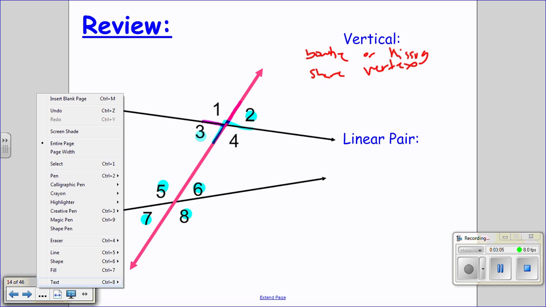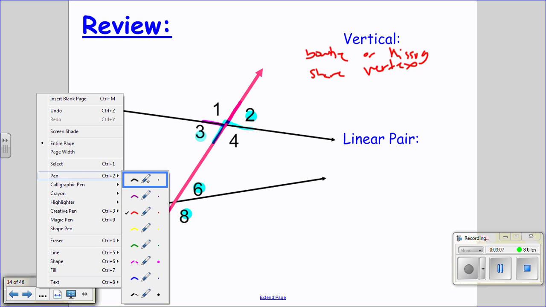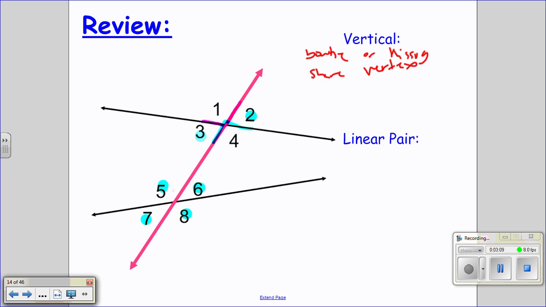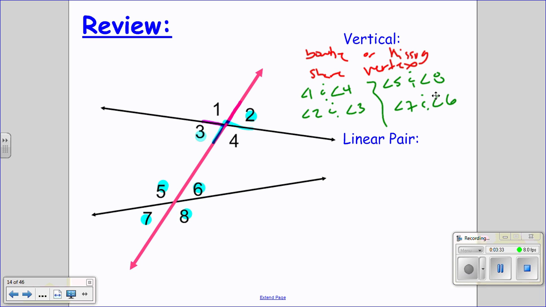So again, they have to share only the vertex and make a perfect X. So angle 1 with angle 4, angle 2 with angle 3, angle 5 with angle 8, and angle 7 with angle 6. Those are vertical pairs.